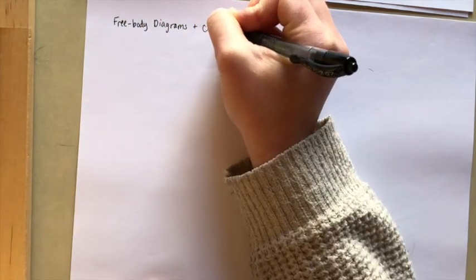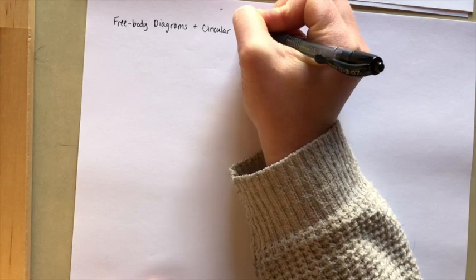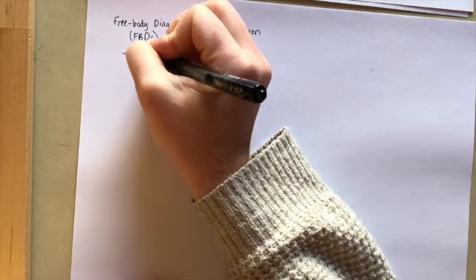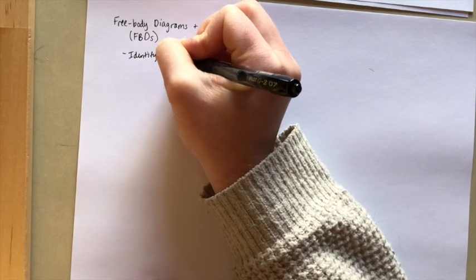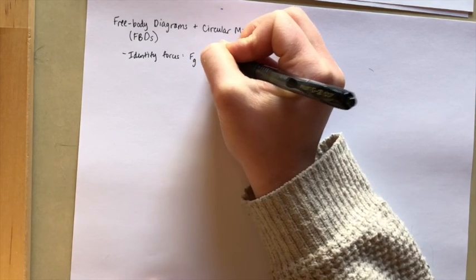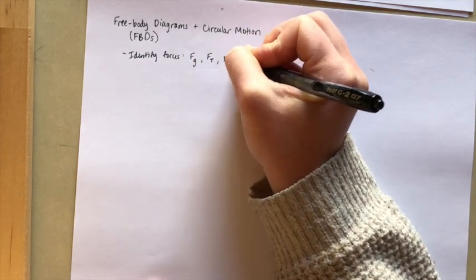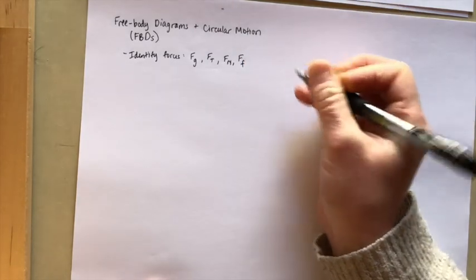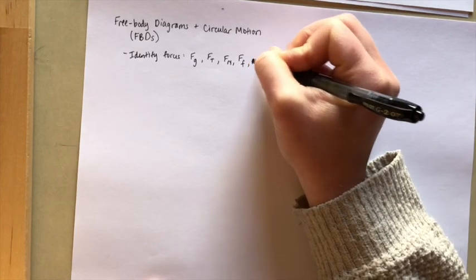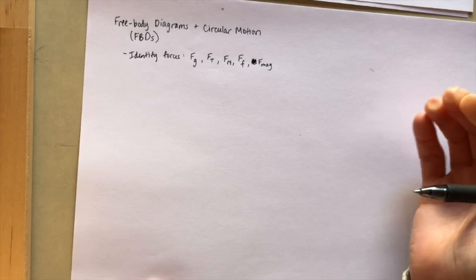Now let's think a little bit about free body diagrams and circular motion. In general, free body diagrams, or FBDs, are really just the exact same as we've done them before. You're just going to identify the forces, and that might be gravitational force, tension force, a normal force, friction force, could be a magnetic force, and all the other types of forces that we've talked about.